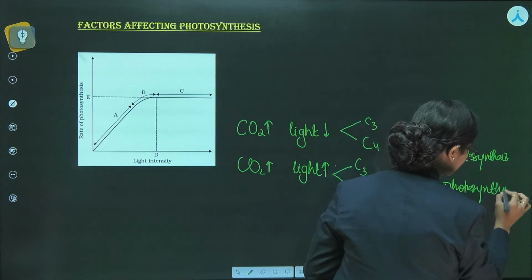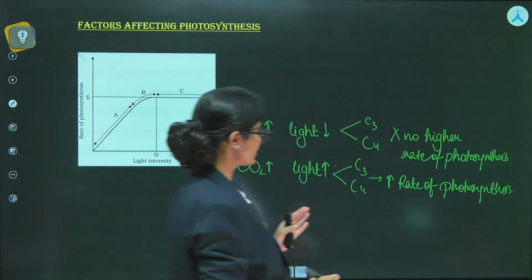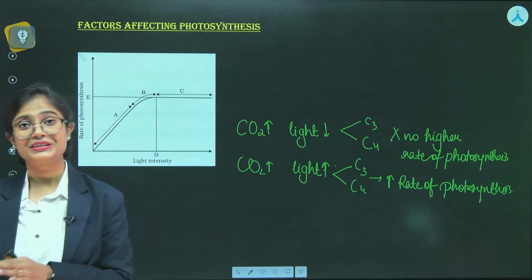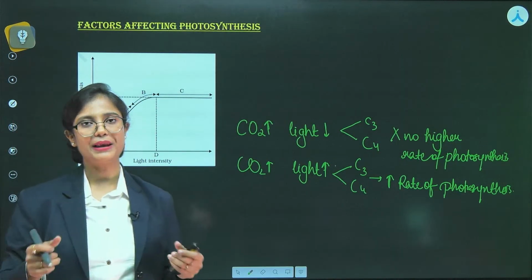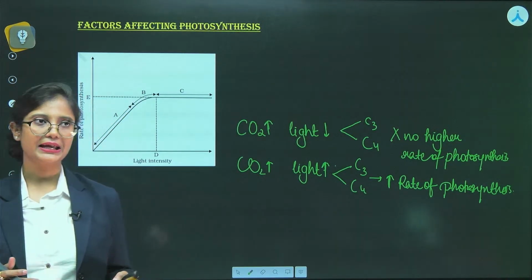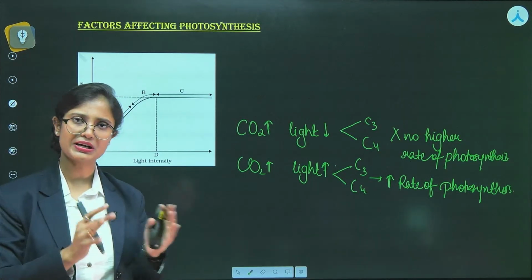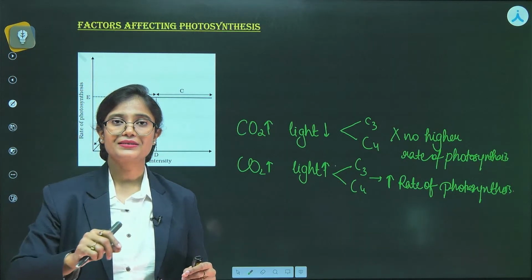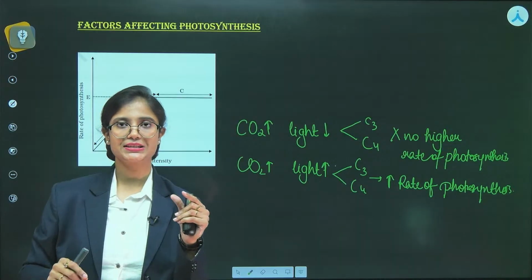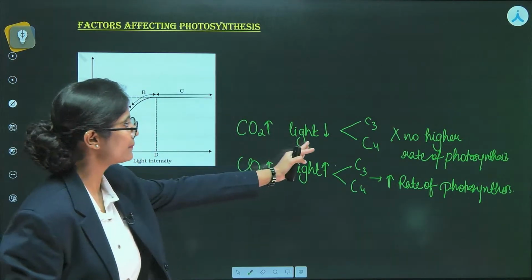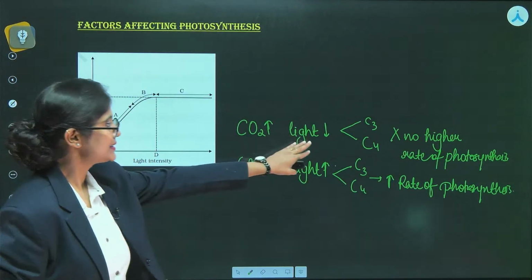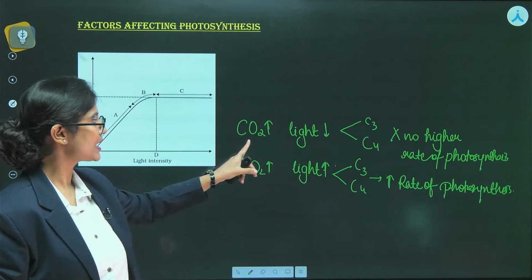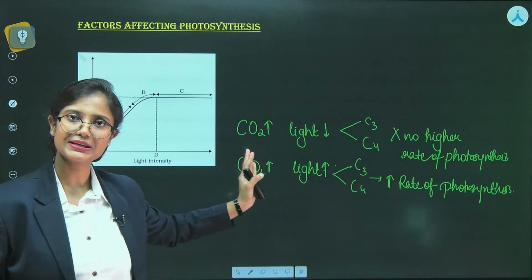Okay, for the factors there is one law, which is known as the law of limiting factors, given by Blackman. What did he state? That there are multiple factors affecting the rate of photosynthesis, but there is some factor which is present in the least amount. For example, here we took light, right? The intensity of light was low, and carbon dioxide concentration is higher.